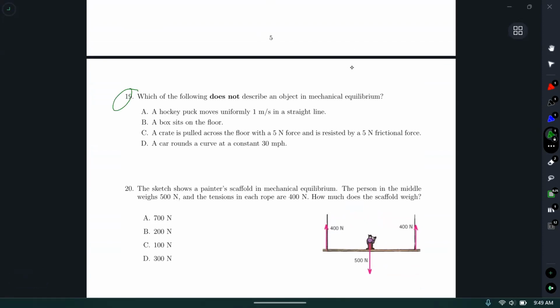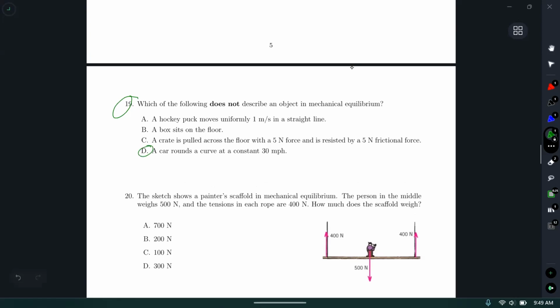So, which one does not describe something in equilibrium? D. Okay, D, yeah, it is that one.